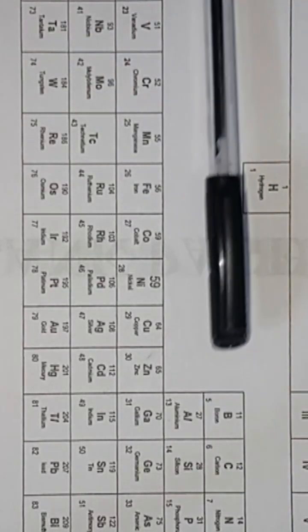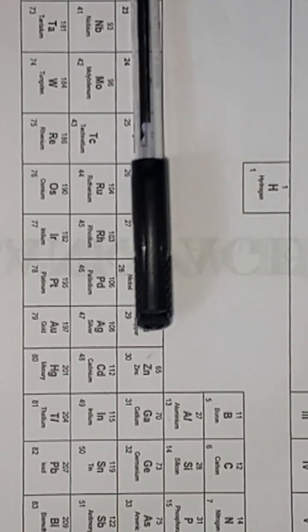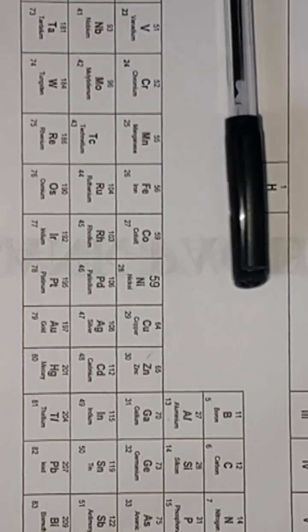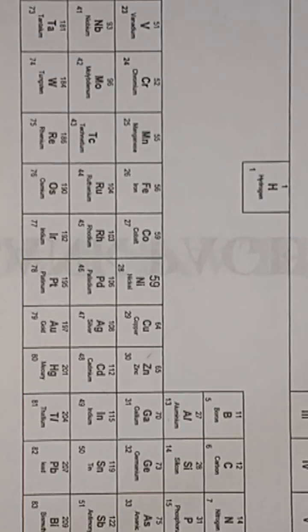So we have period 2, we have period 3, we have period 4, up to 7. So we have 7 periods on the periodic table. So now, in which period does magnesium belong? So magnesium belongs in period 1, 2, 3. So magnesium belongs to period 3.